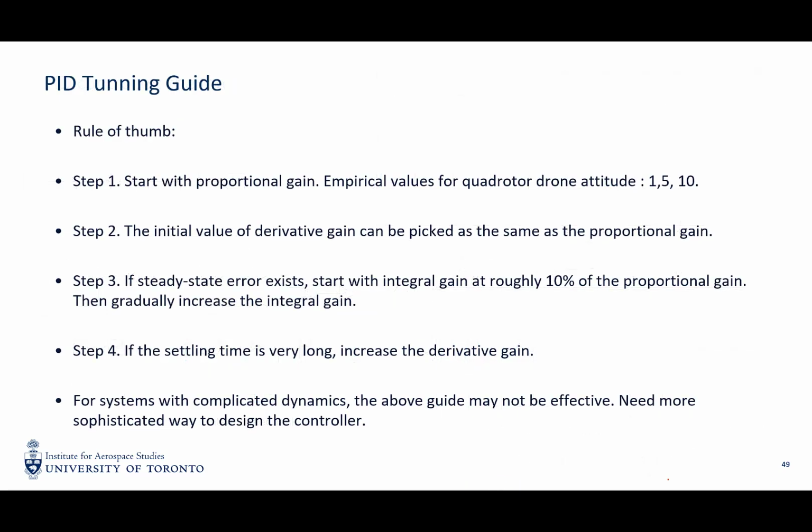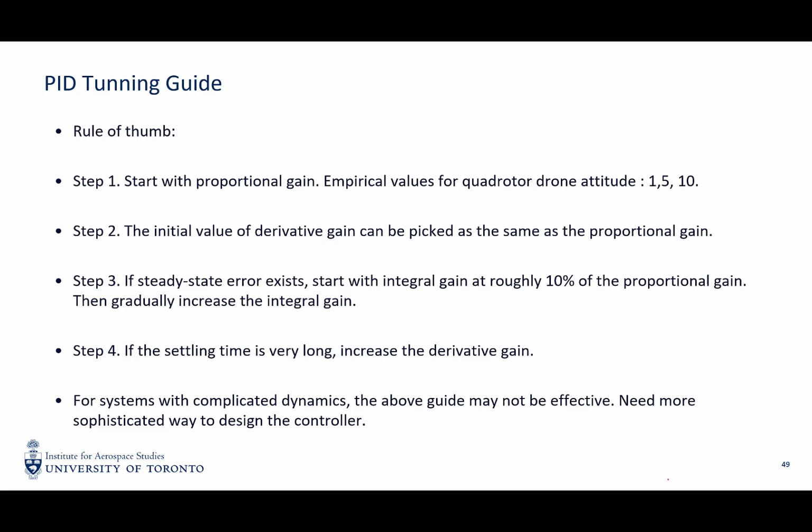So, rule of thumb: how to tune? If you are given a system that can be treated as a black box, and you are asked to develop a PID controller, the first thing you do is start with the proportional gain. Just try the proportional gain and see whether the result goes to your desired location. Even if it does not stabilize, it should be a very good start.